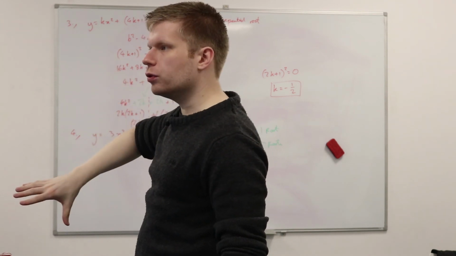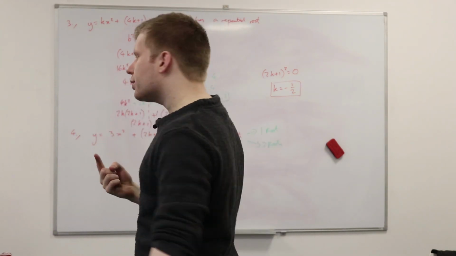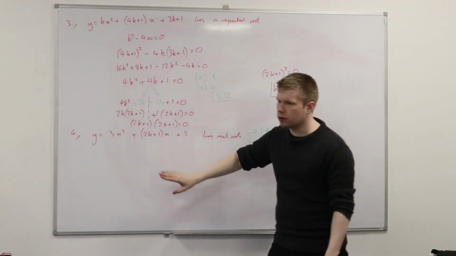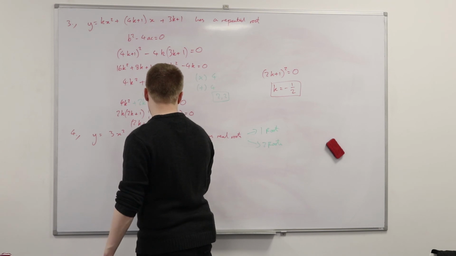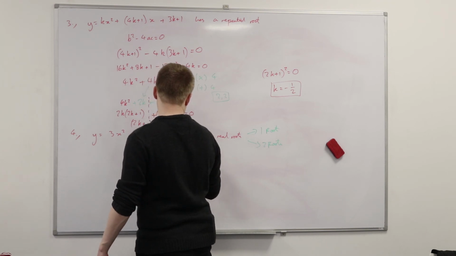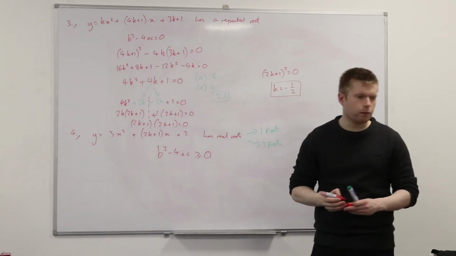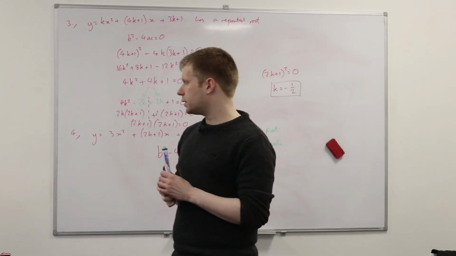You can't have no roots, so it's got to have at least one. So what's the condition on the discriminant? Bigger than or equal to 0. Perfect. Can I give you a couple of minutes to have a look at that for me?